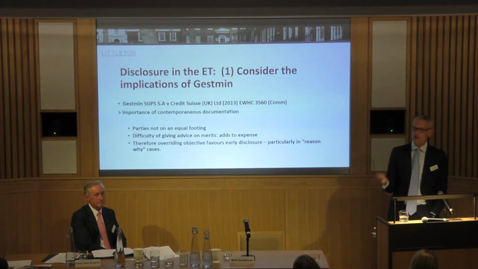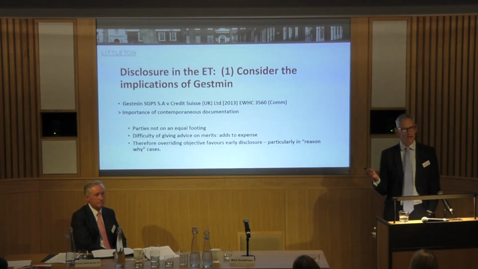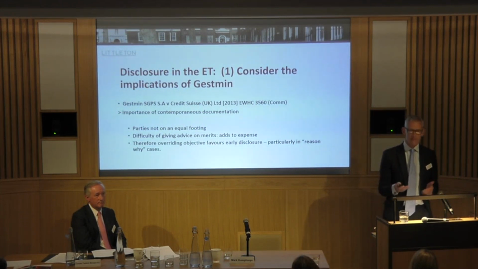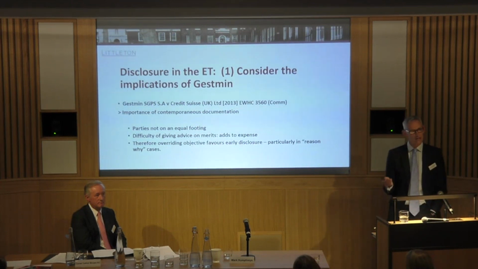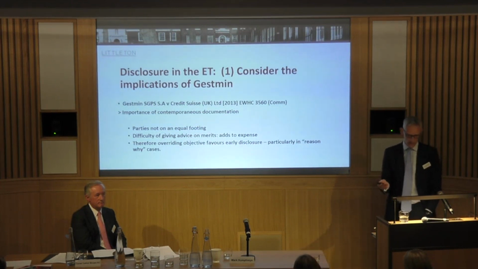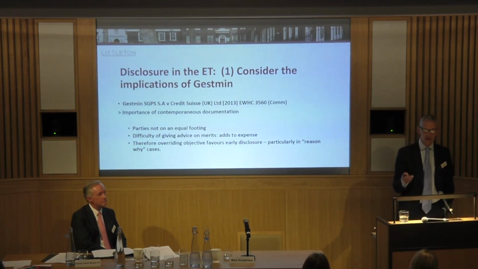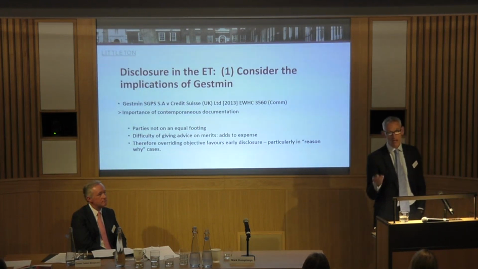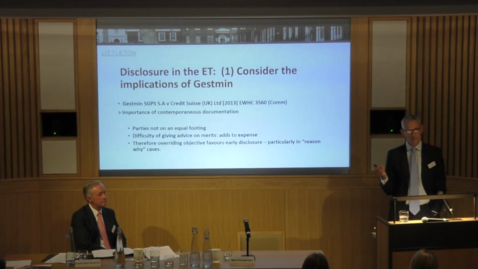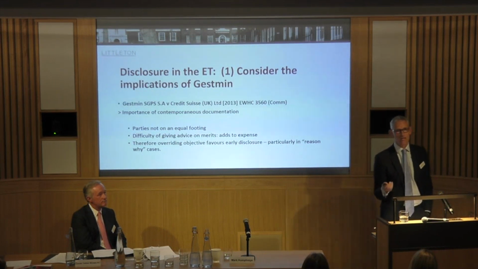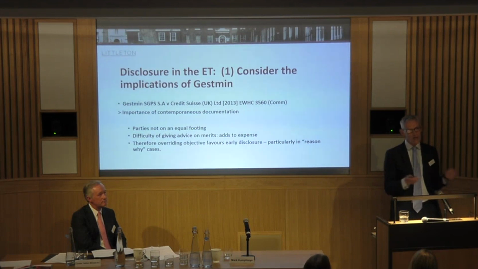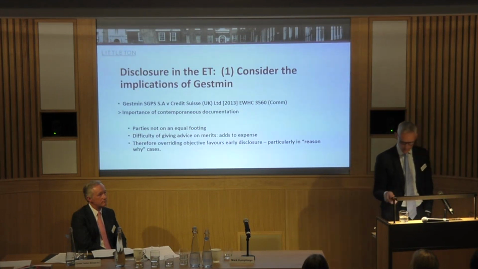And that adds to cost, because until you can give informed advice on prospects, the likelihood of settlement is significantly reduced. So these various factors, in my view, support early disclosure. The furtherance of the overriding objective means that the earlier in the process that there is disclosure of key documents, the better.